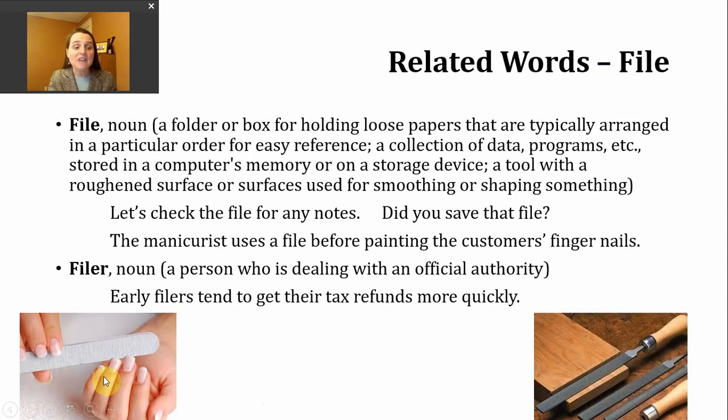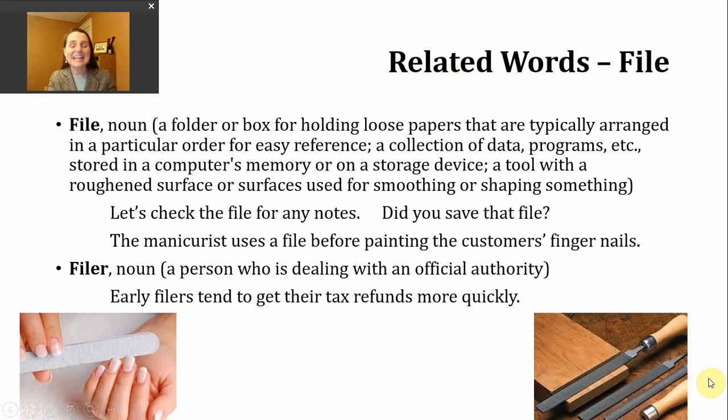So I've got two different pictures for us to look at. On the left side, bottom left side of your screen, we have a nail file. This will be something that's familiar to some people, especially if they like to paint and trim and have manicures or pedicures, right? This object will smooth rough edges on one's nails.